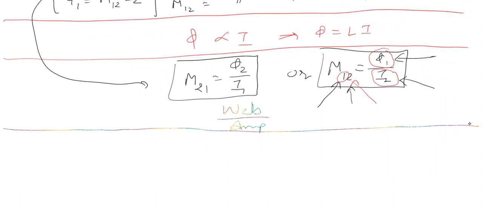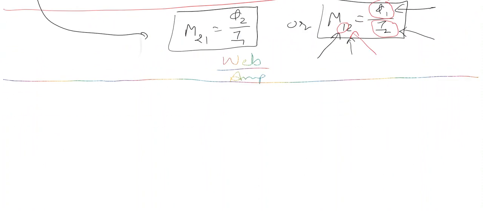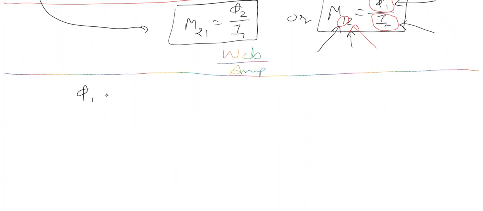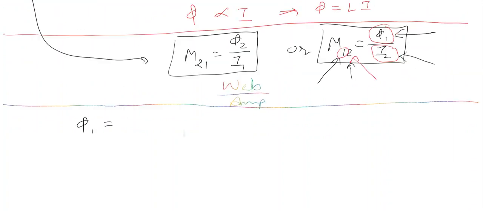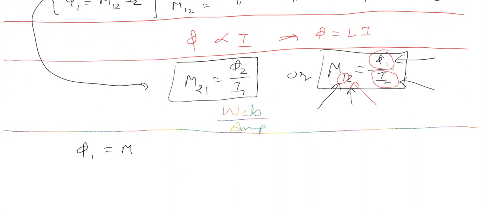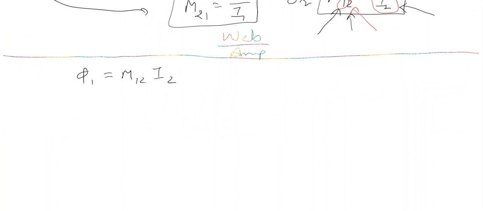And then you have one more possibility here. Suppose phi 1 is equal to M12 I2, and what if I take differentiation on both sides? Then we have minus epsilon 1.